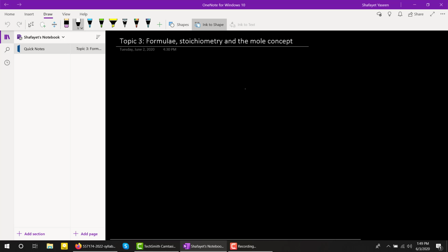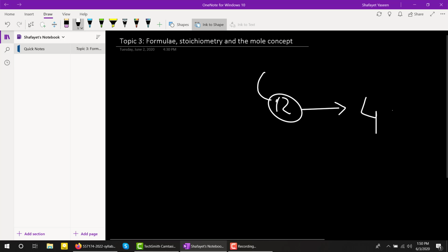They took the element called carbon, which has an atomic mass of 12. This 12 is the 40 kilograms we had obtained, remember?